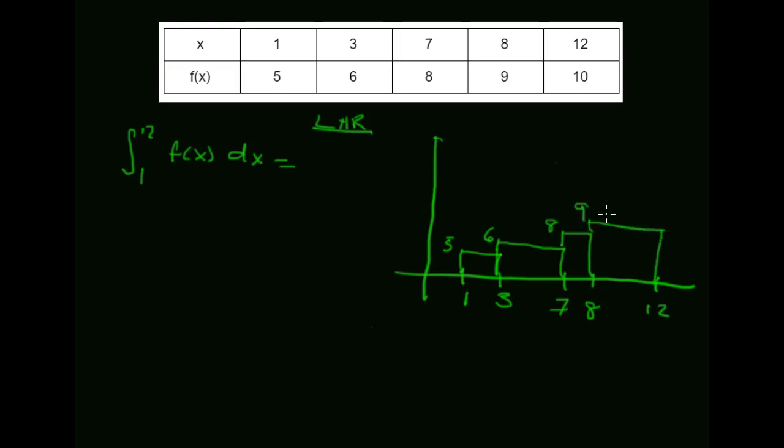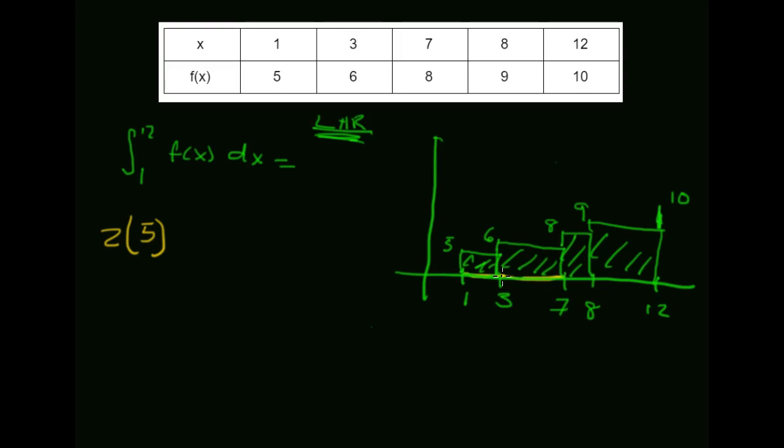So if you're thinking about this, yeah, sure, 12 goes up to 10 here, but that's not going to figure into things because I'm using a left hand estimation. If I was using the right hand estimation, that would be in there. So these are the rectangles I'm going to use to come up with a left hand estimation for this Riemann sum. Now my first rectangle here has a width of 2, and its height is 5.